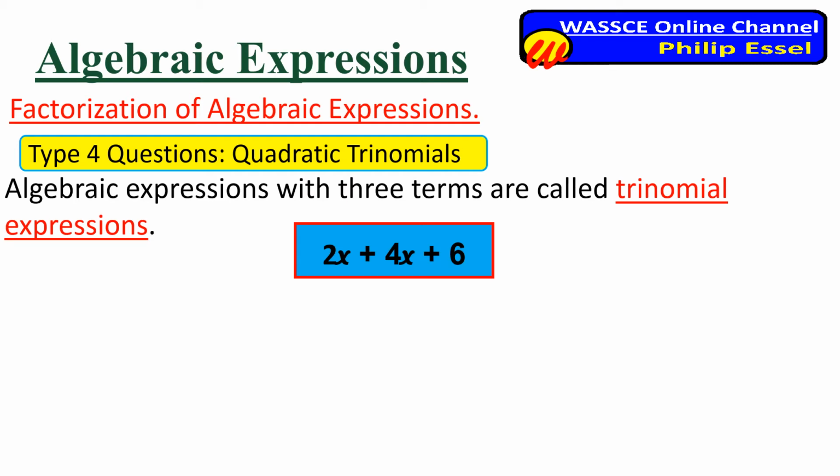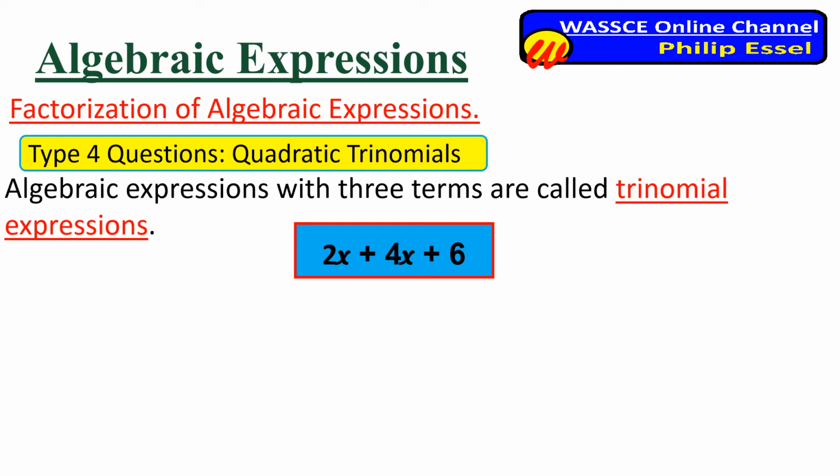The first term of this expression is 2x, the second term is positive 4x, and the third term is positive 6. So these 3 terms come together to form this trinomial expression. We now know what trinomial expressions are. Let's look at what quadratic trinomials are.